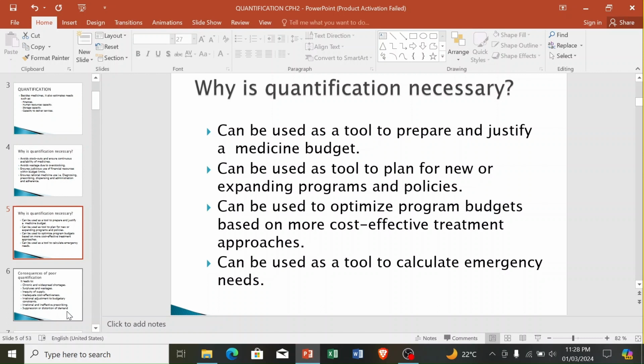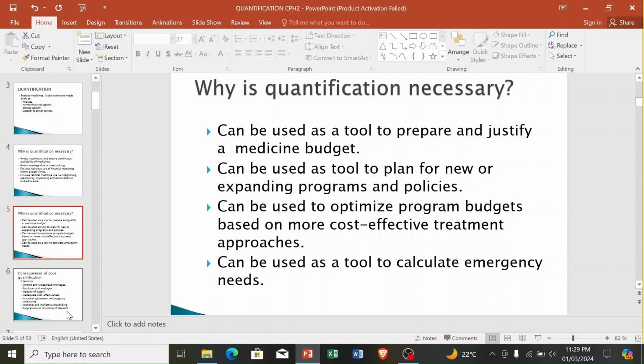Okay, because you have the quantities and you know how much they cost and how much is required. Another point is that it can be used as a tool to plan for new or expanding programs and policies. In case a facility needs to expand or there are new programs that may come up, your quantification records can guide you when you plan for expansion.